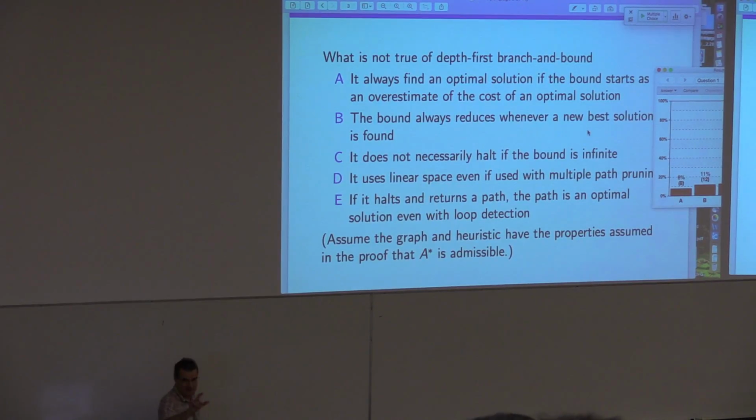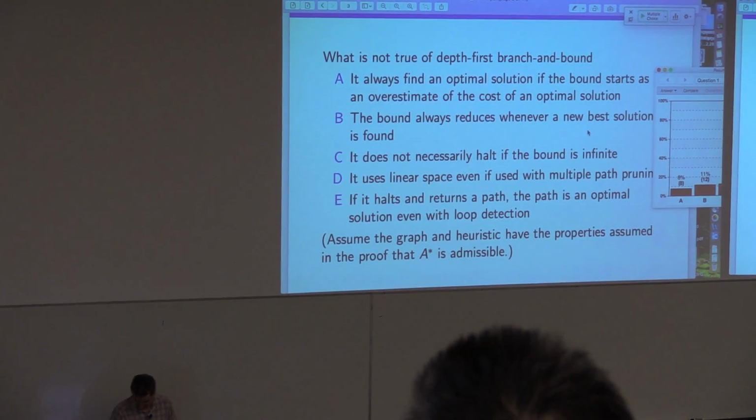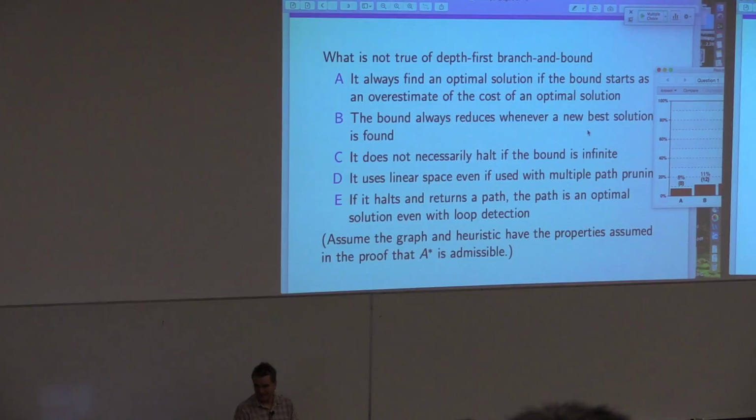If it's infinity, it doesn't always find a solution, but if it's just some number that's an overestimate, it does. If you're estimating the size of someone, you don't say infinity. Infinity is not an estimate. You say, what's the size of the tallest person? And you've got to be correct.